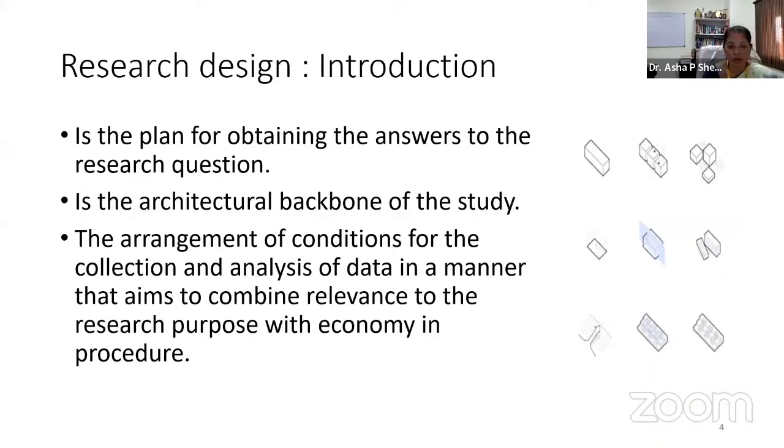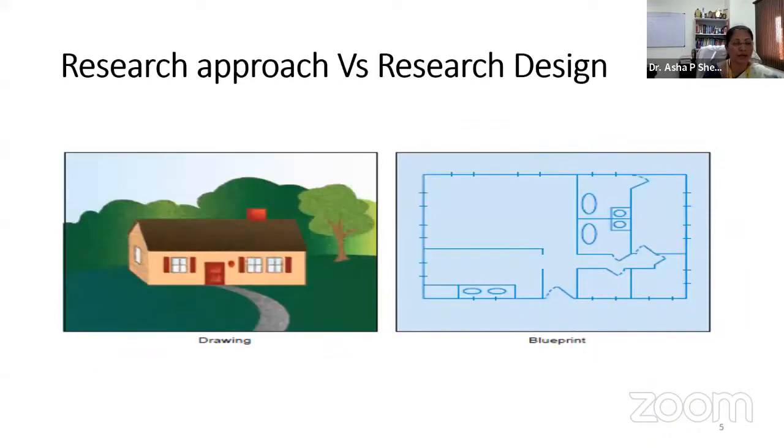With this basic introduction, let's proceed to the difference between research approach and research design, which you have already studied yesterday. Let me just give you a basic understanding. Now we are seeing a picture of a house, and a picture of an outline, that is, a blueprint. This is what approach and research design are like.